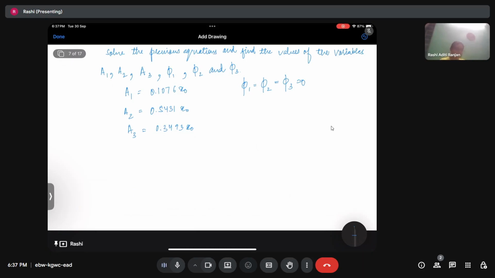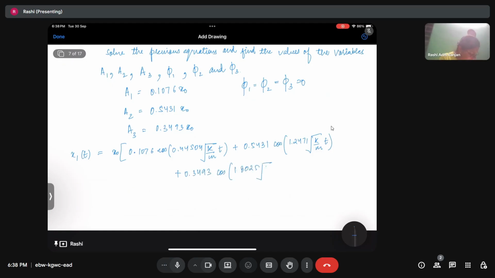So we can write the general solutions of x1, x2, and x3. x1 is going to be x naught times 0.1076 cos of 0.44504 under root k by m t, plus 0.5431 cos of 1.2471 under root k by m of t, plus 0.3493 cos of 1.8025 under root k by m of t. This is the solution for x1.